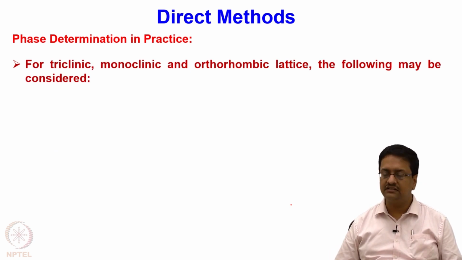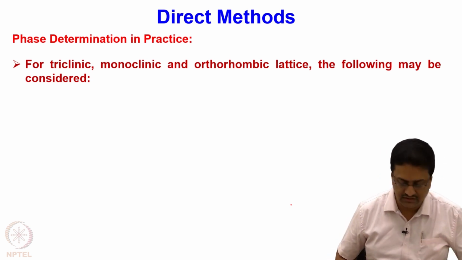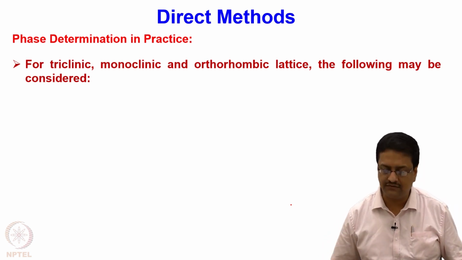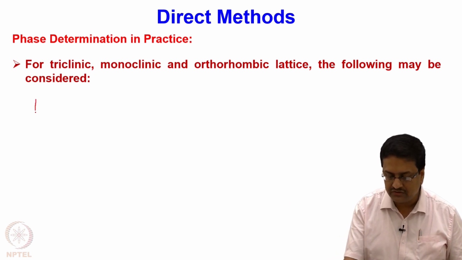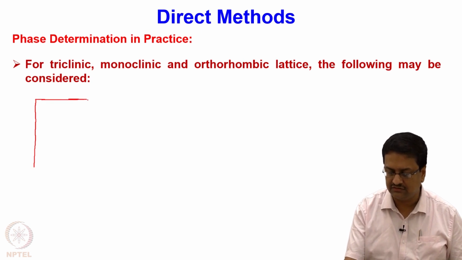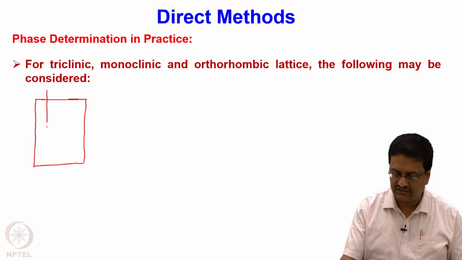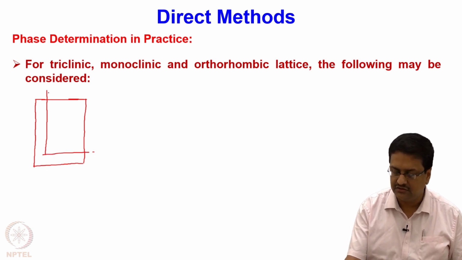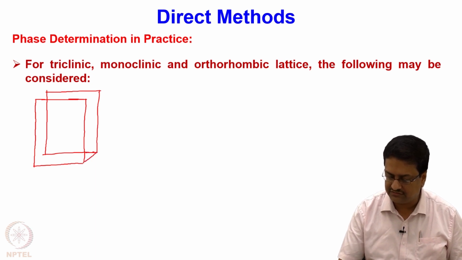Let us concentrate on a simple system where it is either a triclinic, monoclinic or an orthorhombic lattice. What one can consider in these three types of lattices is that if we draw an orthorhombic lattice, which I am trying to draw here, we know that there are several inversion centers possible in a centrosymmetric orthorhombic lattice.